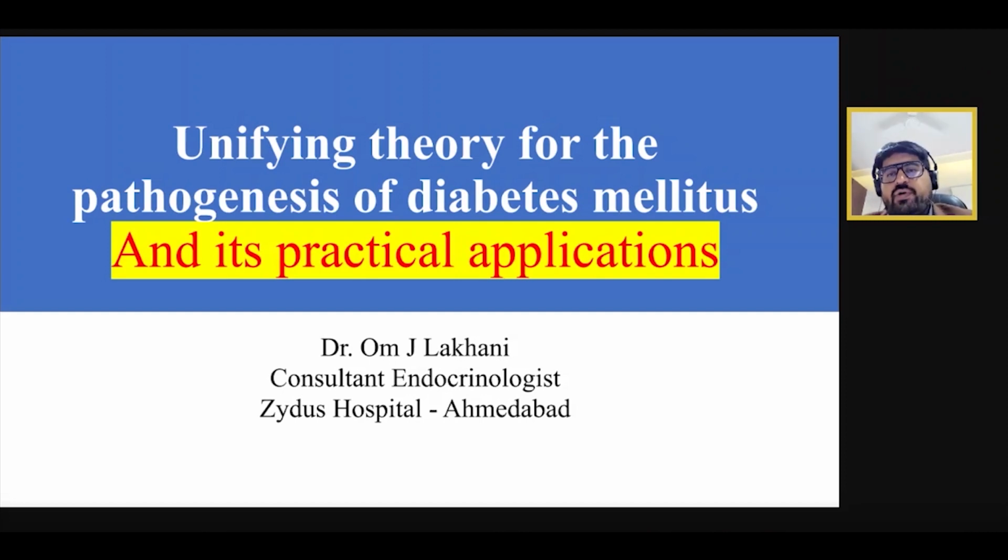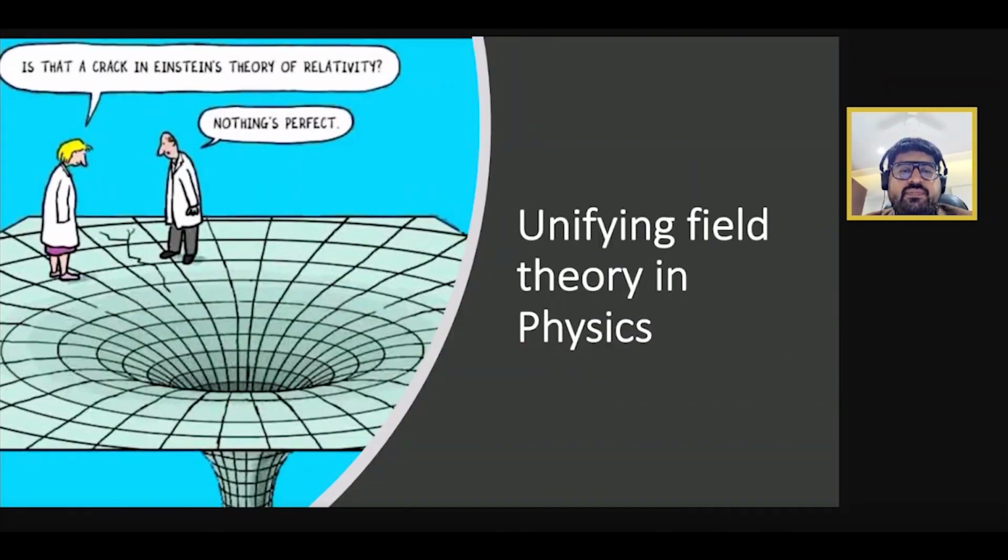So, what I'm going to talk about is the unifying theory for the pathogenesis of diabetes mellitus, and more importantly, its practical applications in day to day clinical practice. Now, why unifying theory? We have all heard about unifying field theory in physics. This is what Einstein and all the great physicists of their time tried to combine.